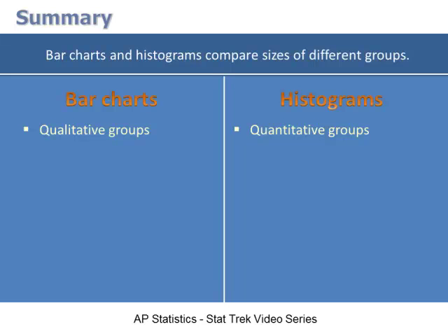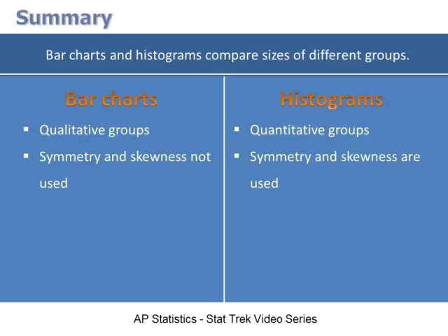Because groups are qualitative in bar charts, it is not meaningful to talk about the symmetry or skewness of a bar chart. In contrast, because groups are quantitative in histograms, it is useful to talk about the symmetry and skewness of a histogram. Other differences between the two charts are largely cosmetic.